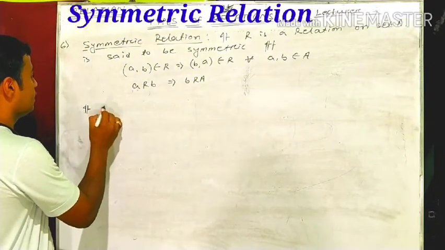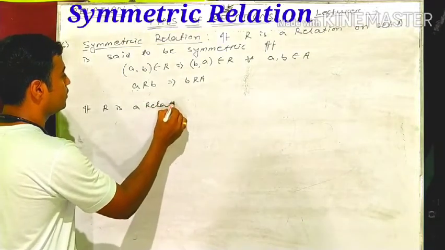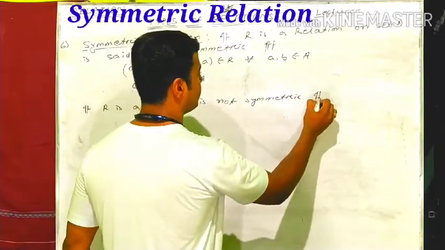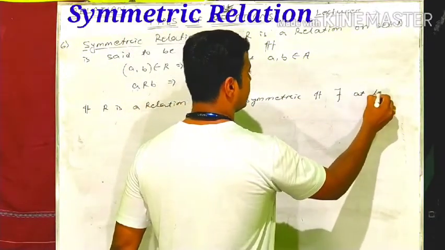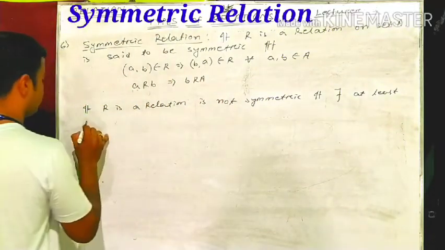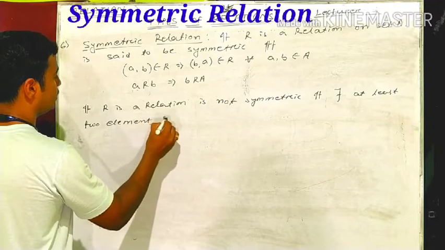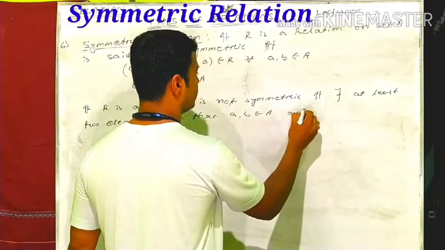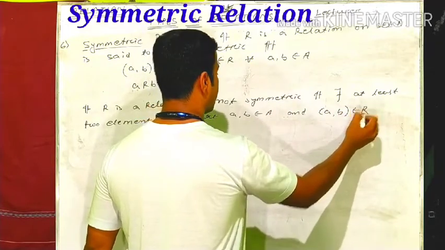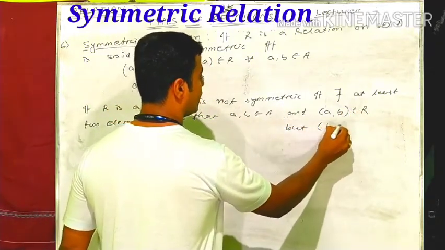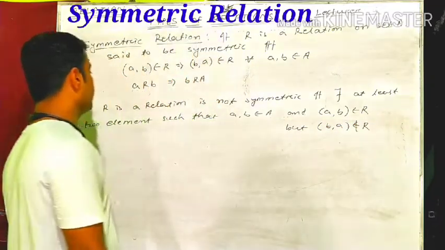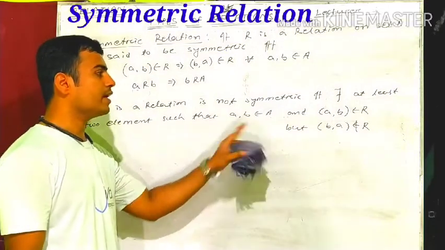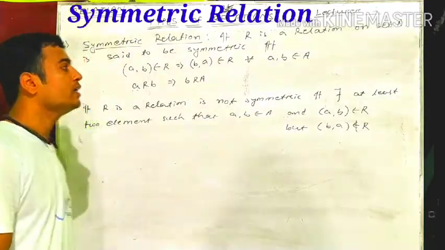If R is a relation, it is not symmetric if there exist at least two elements a, b belonging to A such that (a, b) belongs to R, but (b, a) does not belong to R. That is not a symmetric relation.